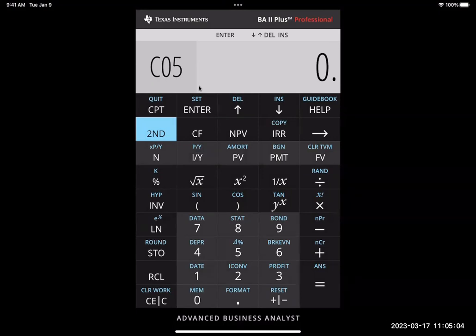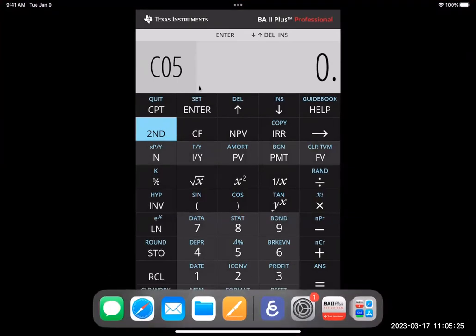Okay, CO1 is negative 260, and now FO1 is 1. The first one is negative 260, and the second one is positive. Okay, so let me go back. Let's do the split screen so you can see the numbers.